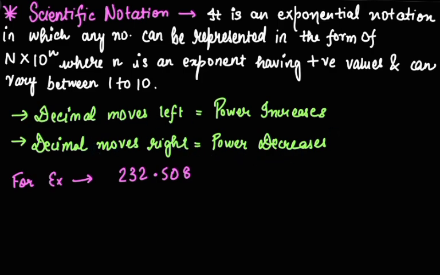For example, we have 232.508. Here the decimal will move to the left hand side, moving 2 digits, therefore we'll write 2.32508 times 10 to the power 2.